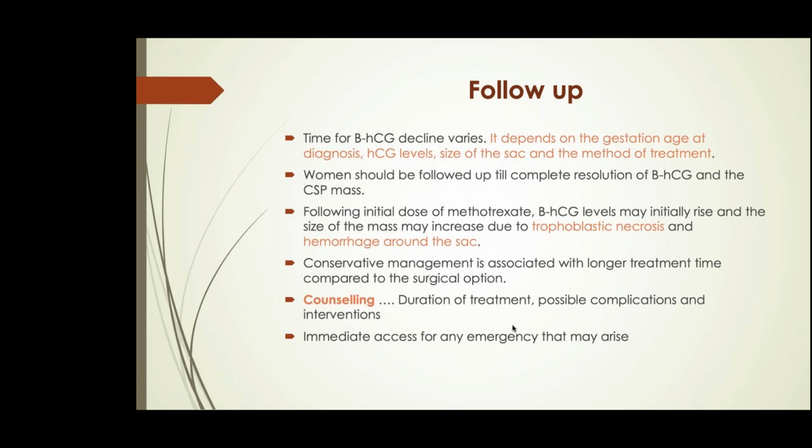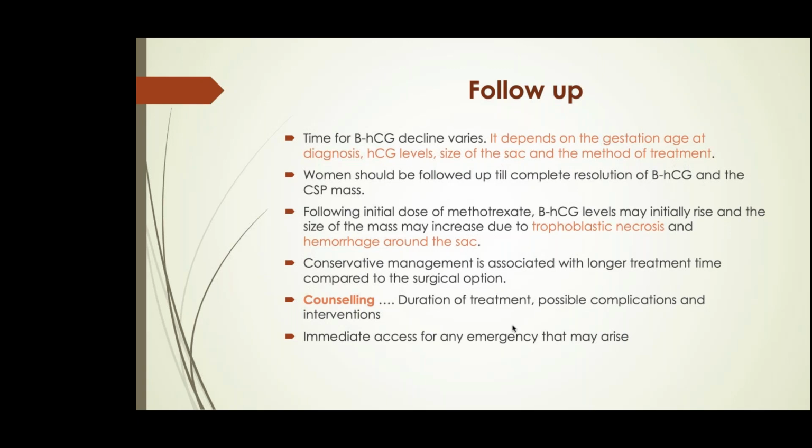And don't expect significant bleeding unless the beta HCG is almost nil, 0. So if you start with a beta HCG of 5,000, for example, and you give methotrexate, the baby dies, beta HCG is 2,000, you would not expect the patient to expel the pregnancy at this stage.